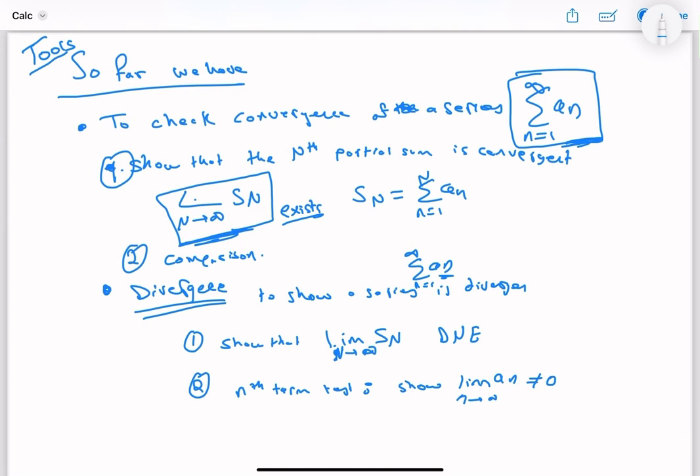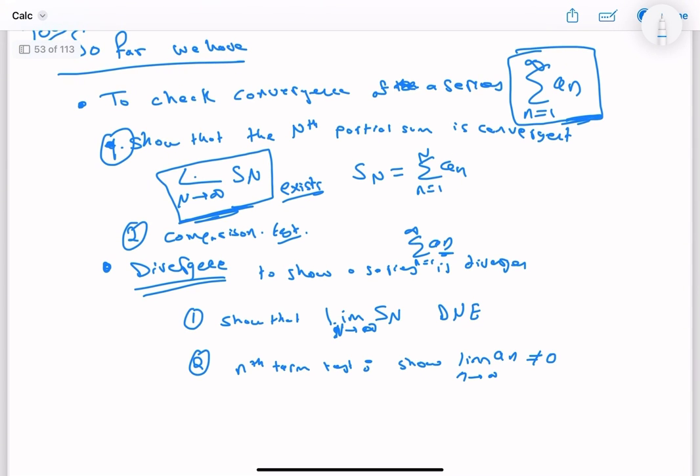The second way is the comparison test, which I'm going to refer you to the previous video to see. These are the things that we had for checking convergence. For divergence, we also had two tools so far. The first tool was also to check by definition.